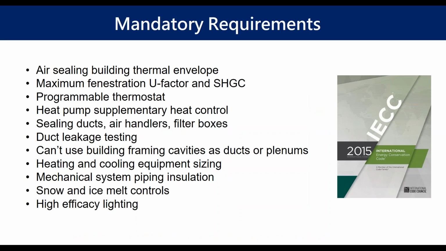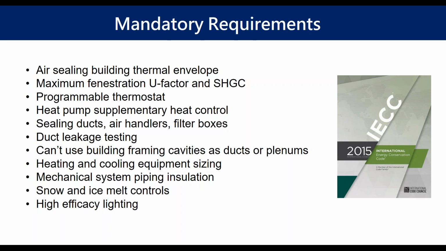For heat pumps, there's a requirement for having a supplementary heat control, or electric resistance backup heat, as well as sealing of ductwork, air handlers, and filter boxes for duct leakage testing.